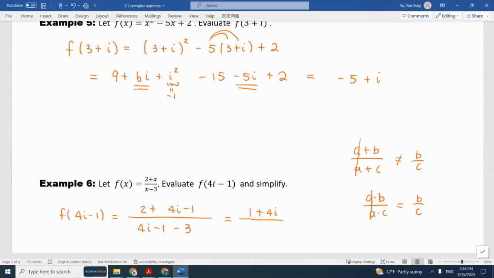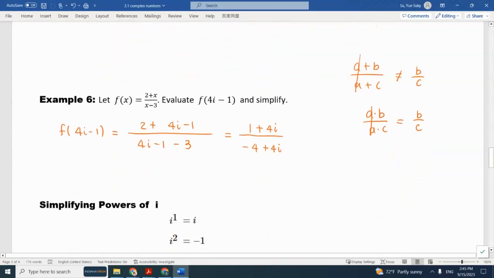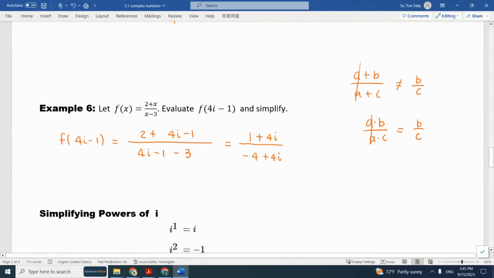Denominator: minus 4 plus 4i, right, everybody? Question, can we cancel the 4i? No, we cannot cancel the 4i. So now simplify means you want to get rid of the i in the denominator. Here, I'm going to teach you a trick. If we want to use the rules we had before, you multiply by the conjugate of this, which is minus 4 minus 4i.